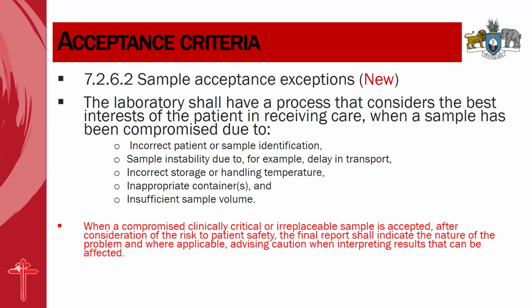When a compromised, clinically critical or irreplaceable sample is accepted, after consideration of the risk to patient safety, the final report shall indicate the nature of the problem. Like I've stated, the final report should have the problem, for example that the specimen had insufficient volume of sputum, so that we can have a correlation between the results and the primary specimen.